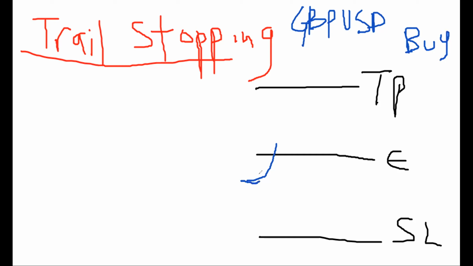Once the trade goes up and starts consolidating, let's say at this place where the trade is consolidating you have $20.